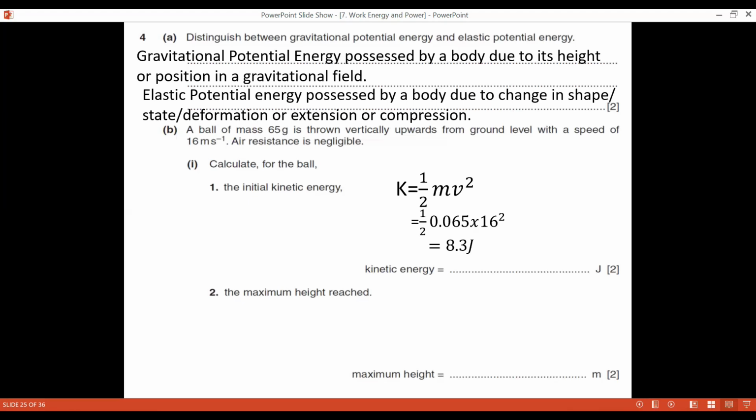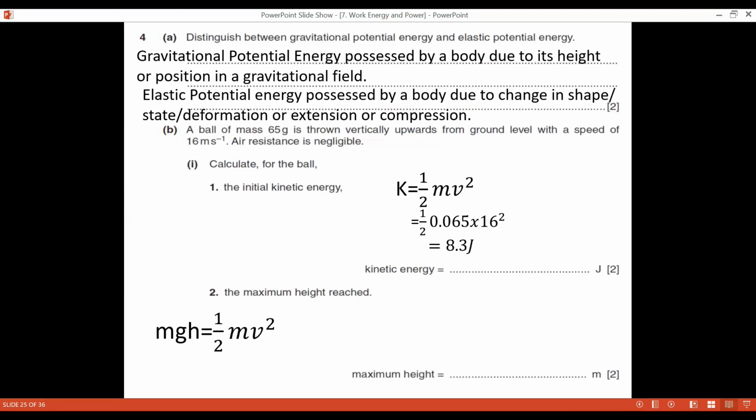Up here they have mentioned that air resistance is negligible. No air resistance, so kinetic energy will be equal to potential energy, because there is no energy lost against resistive forces.